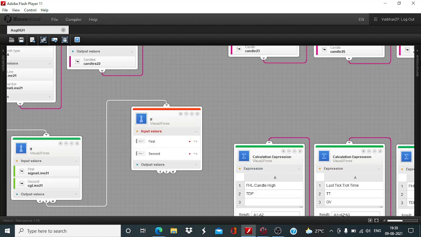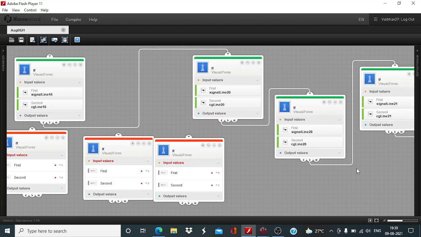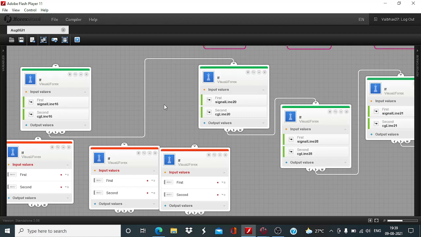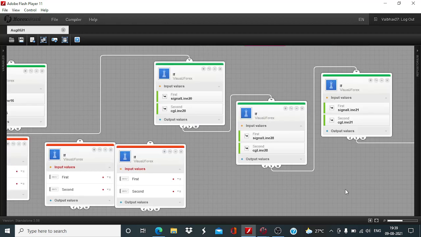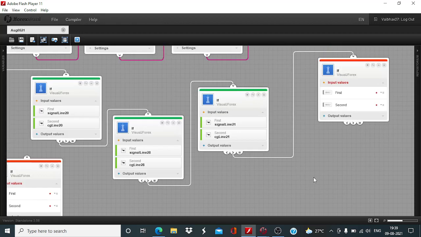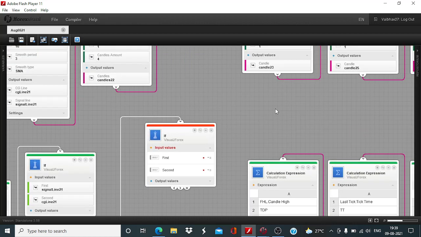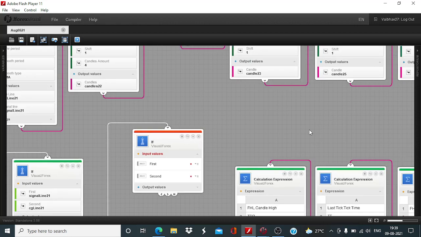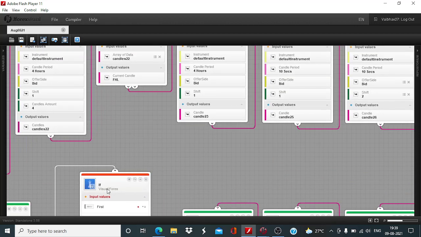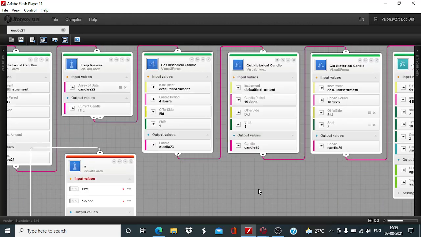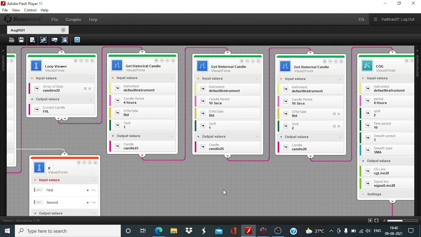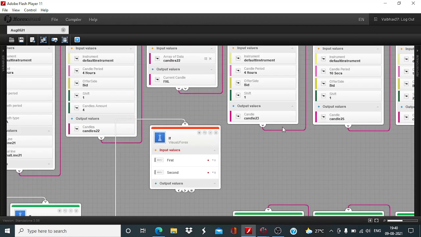Okay, so we have defined these conditions involving the center of gravity line and signal line combination. Now we will have to compare the price action data, and in the last 4 hours we need the momentum to have been bearish. So we are going to also use the comparison of last 4 hours opening and closing value.